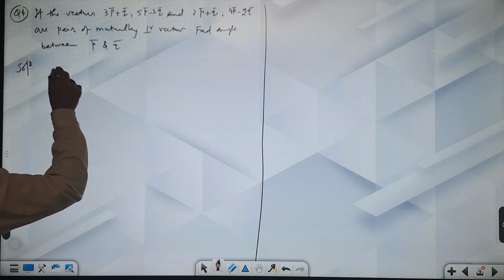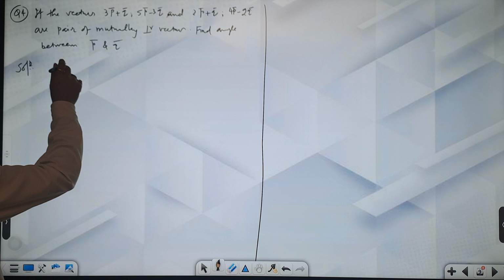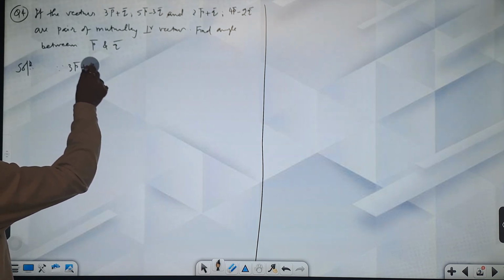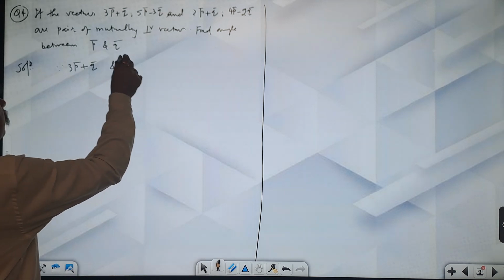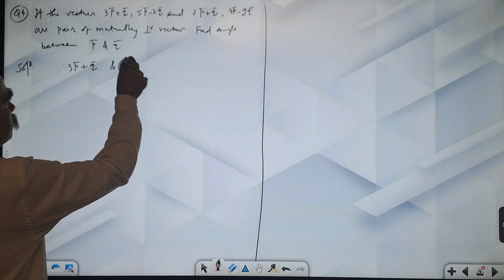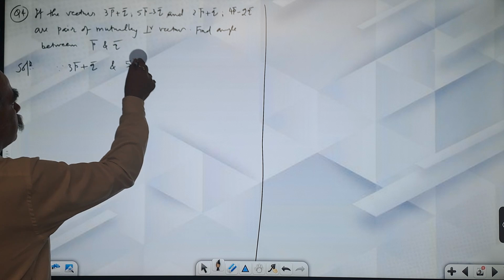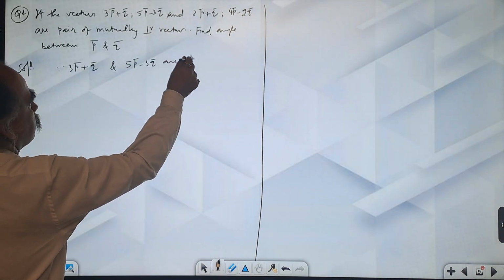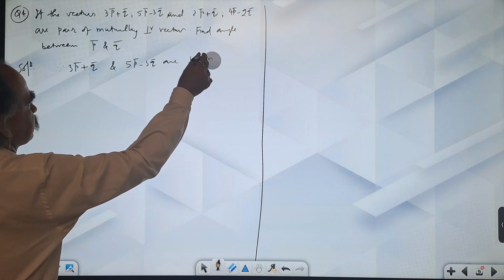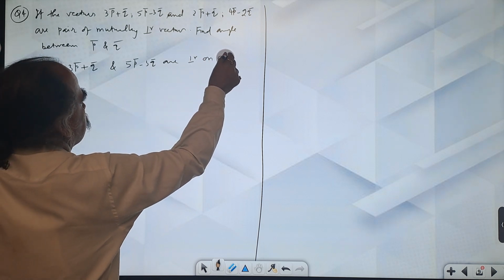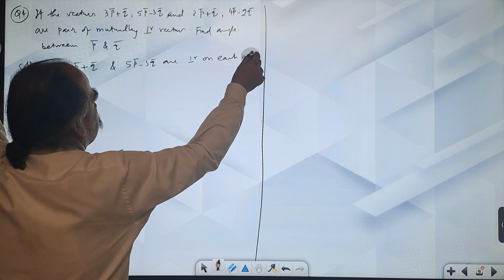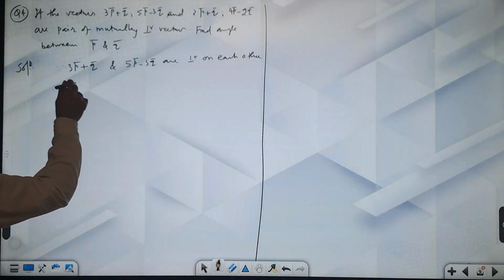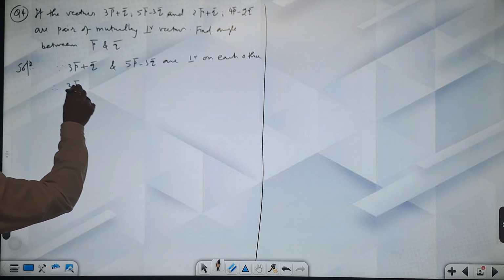Since 3p plus q and 5p minus 3q are perpendicular on each other, therefore their dot product will be 0.